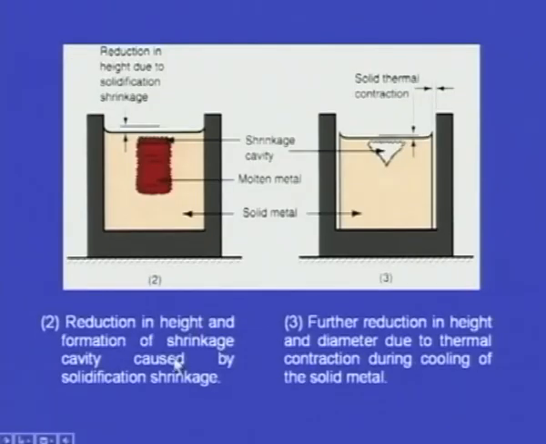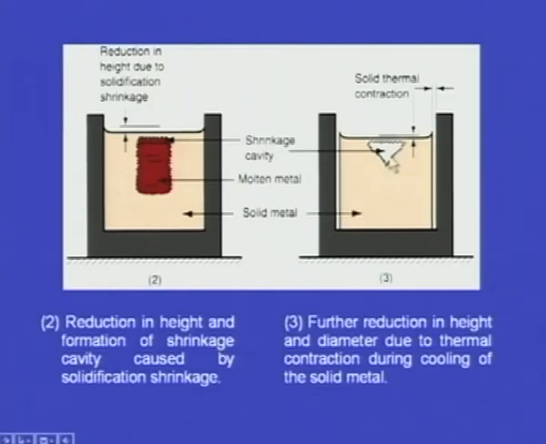And here we can see reduction in height and formation of shrinkage cavity due to solidification shrinkage. Once the liquid aluminum reaches 660 degrees centigrade, it undergoes solidification, and during solidification there is shrinkage, and here we can see a shrinkage cavity.